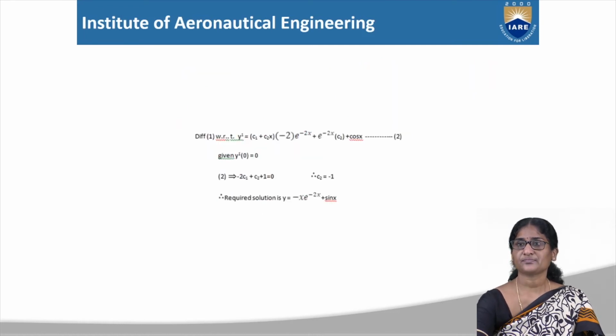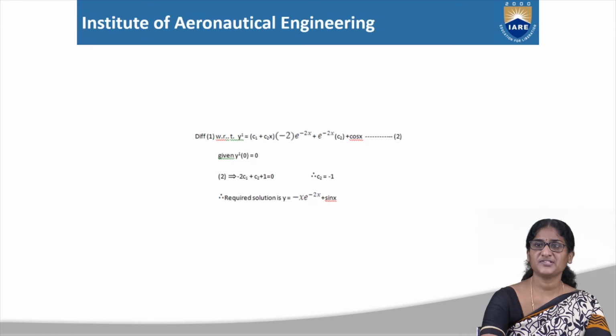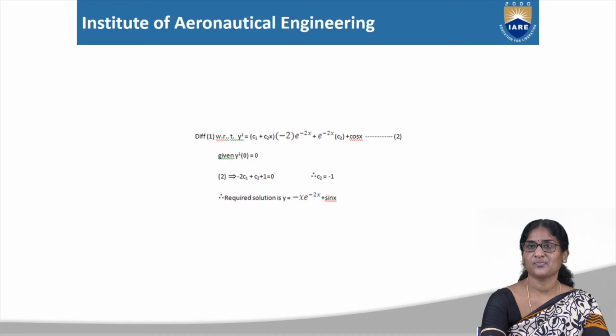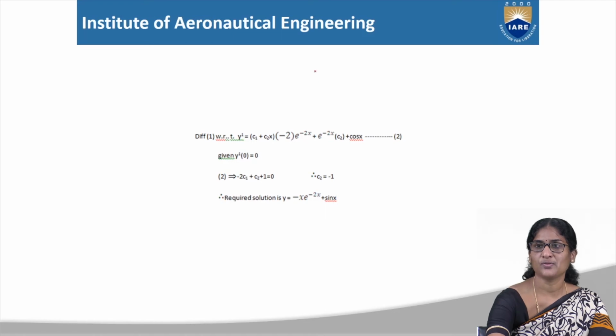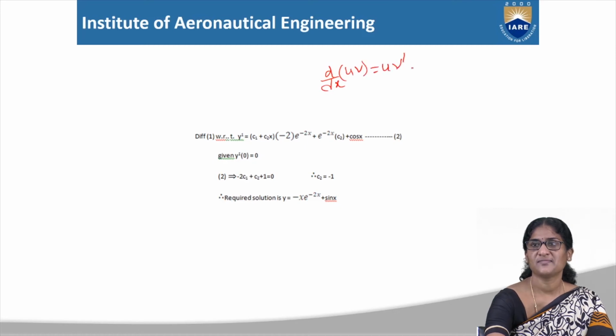Now next, differentiate that with respect to x once again. Differentiating with respect to x, we use the u into v rule: d by dx of u v is u v dash plus v u dash.